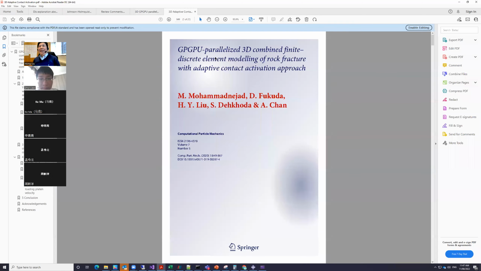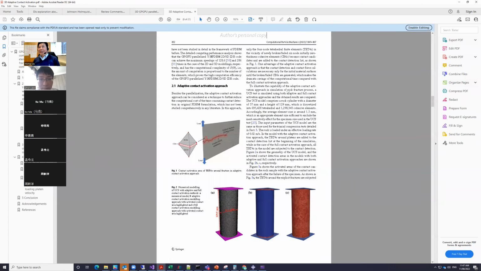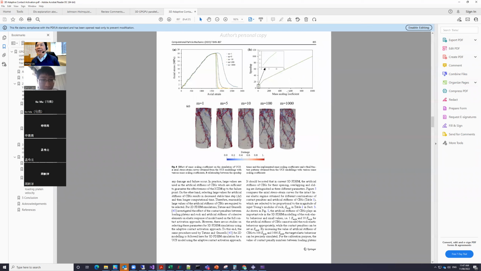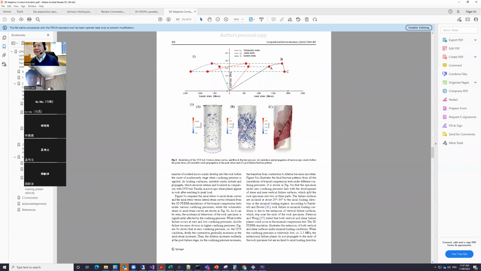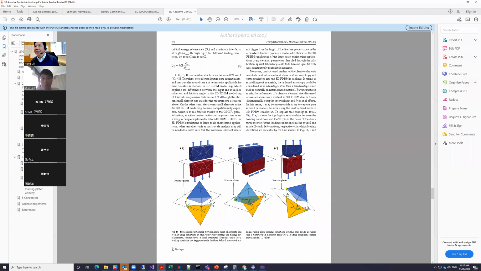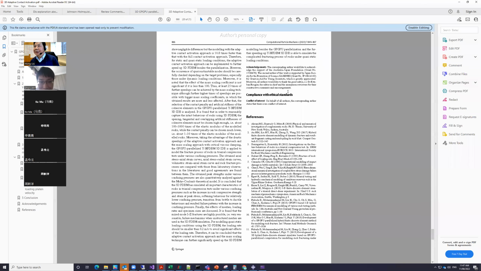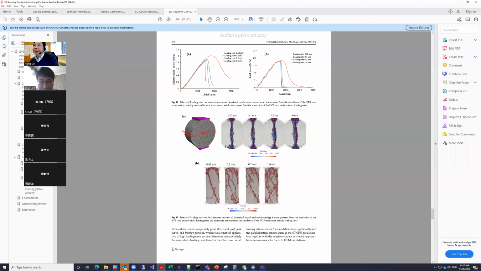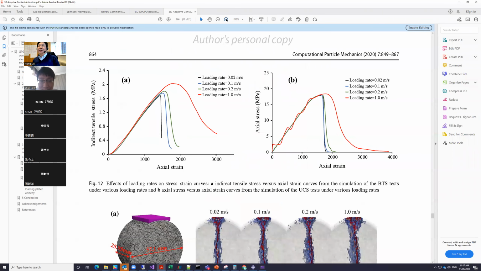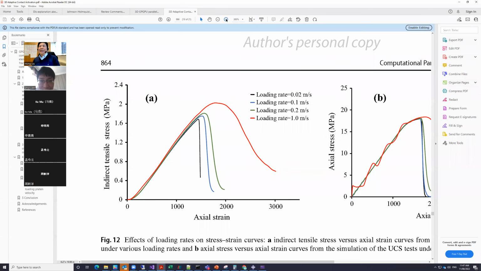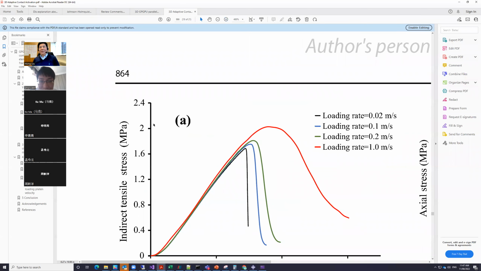Here we model a test using different loading rates, starting from 0.02. We cannot use a very high loading rate.